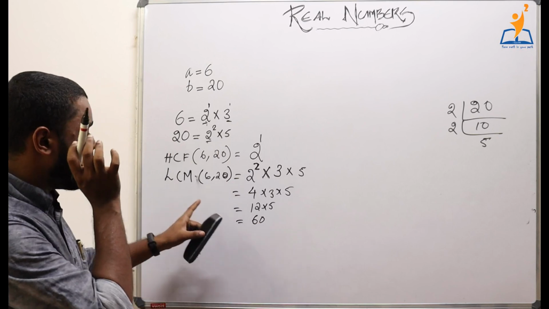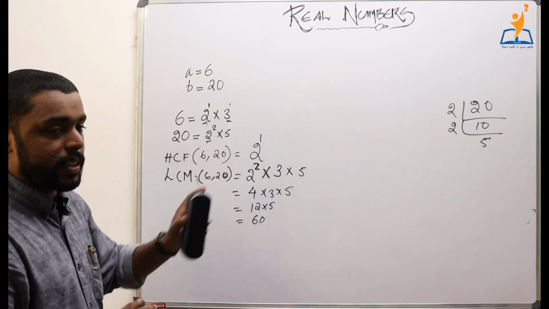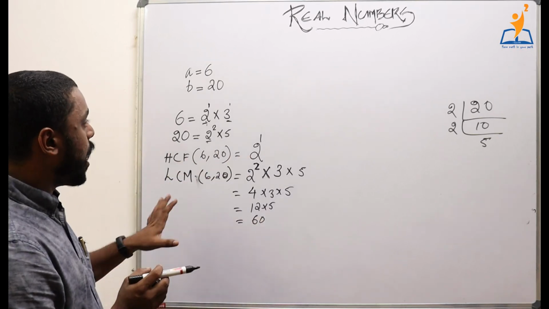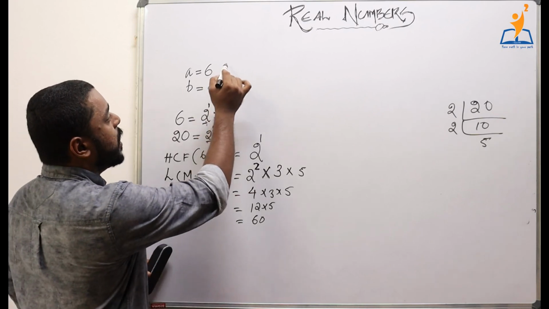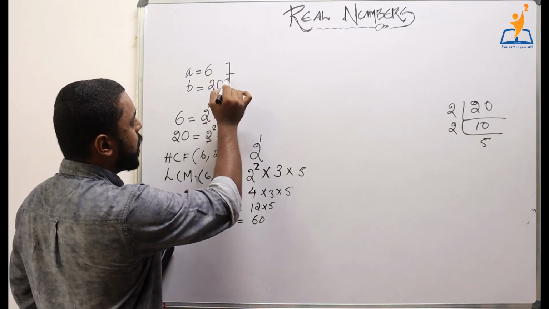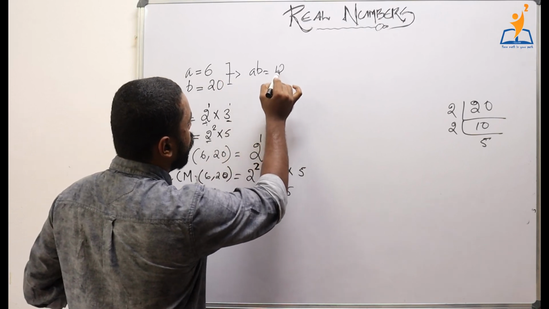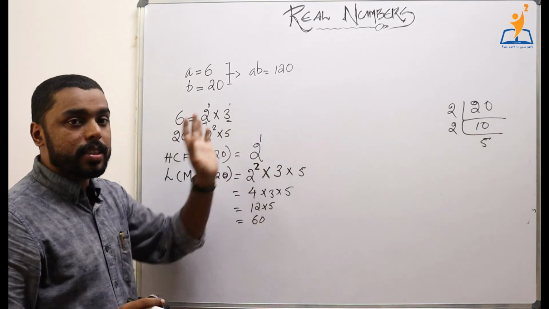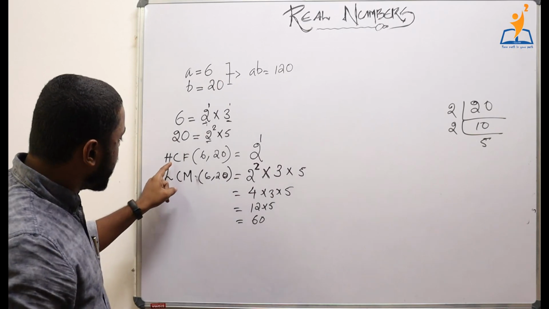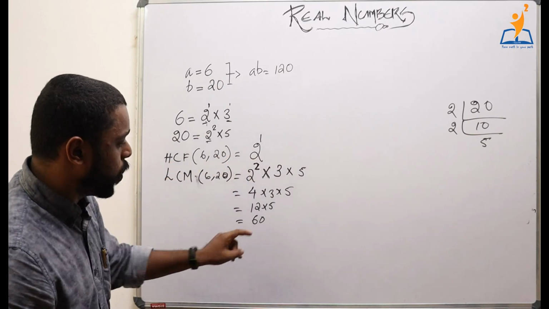So we have LCM equal to 60 and HCF equal to 2. Also we can note that A equal to 6 and B equal to 20 implies A into B is equal to 120. Also we have HCF equal to 2, LCM equal to 60.